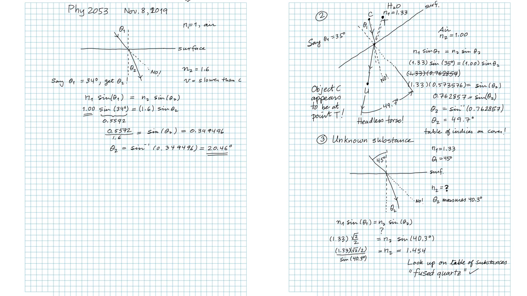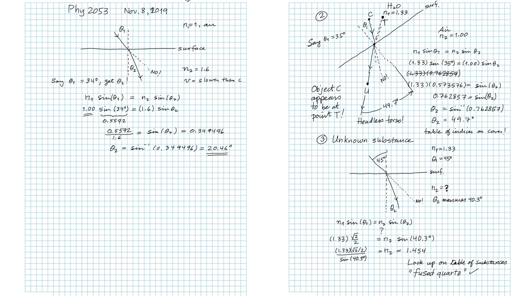So that's a question mark. Okay, but we want to figure that out. And what we can do is measure angles in the lab. So 45 degrees. So there's my theta 1, 45 degrees. And let's say that it comes out.